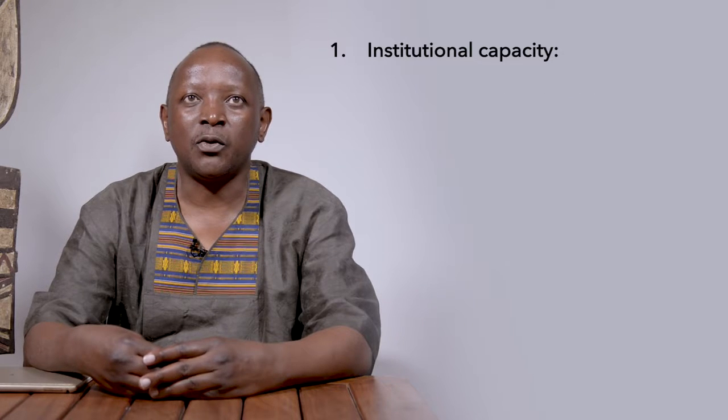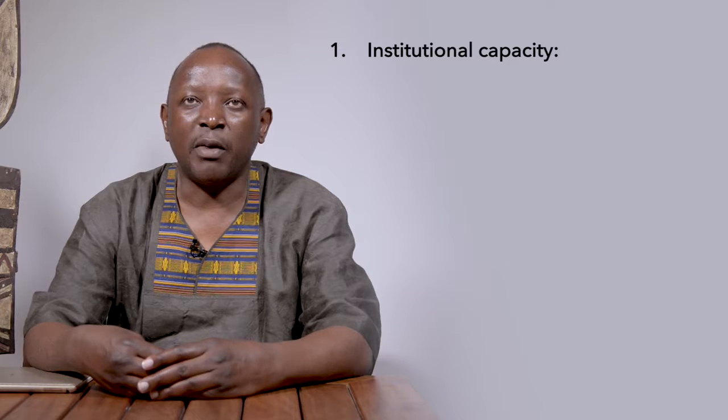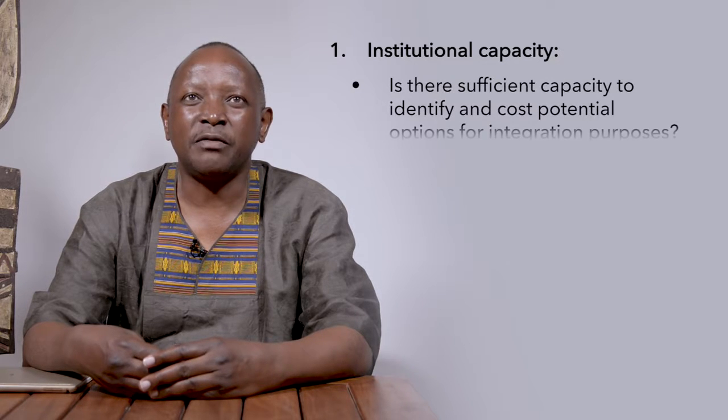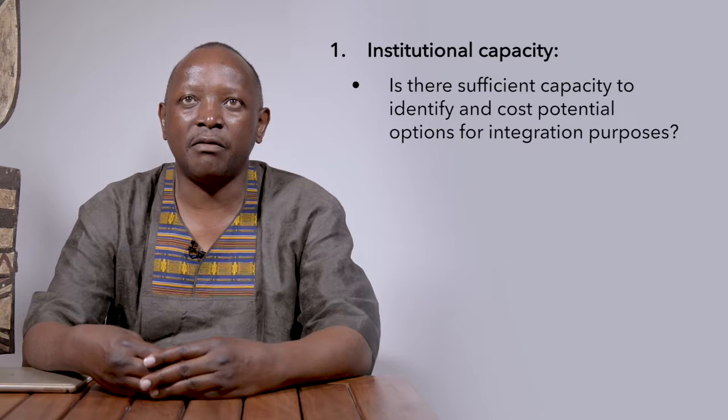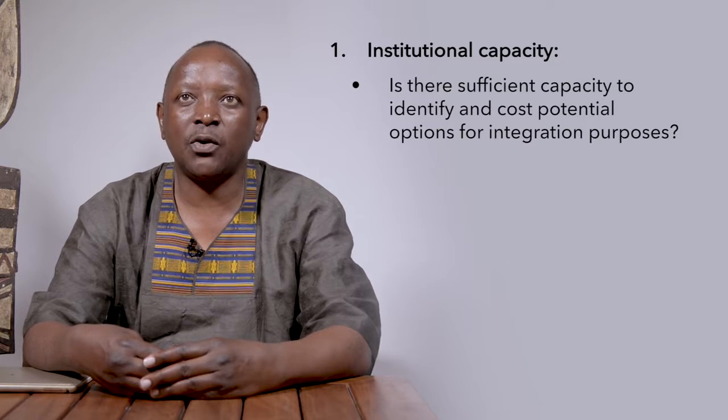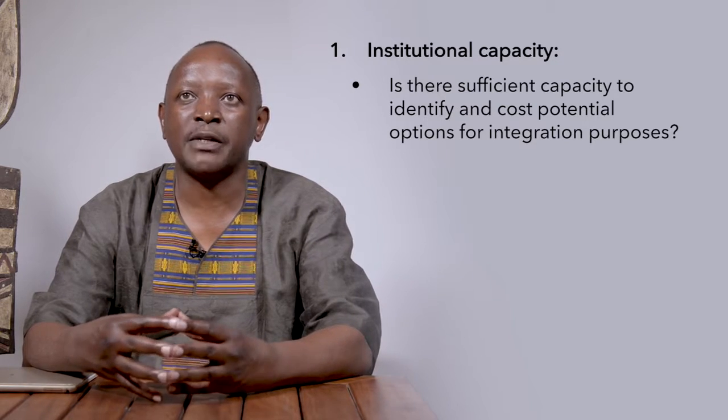We also have to investigate whether other institutions will back the processes, and these are normally stakeholder institutions. We have to establish who will oppose it and how each of these can be influenced and brought on board. We also need to establish if there is sufficient capacity to identify and cost potential options for integration purposes.